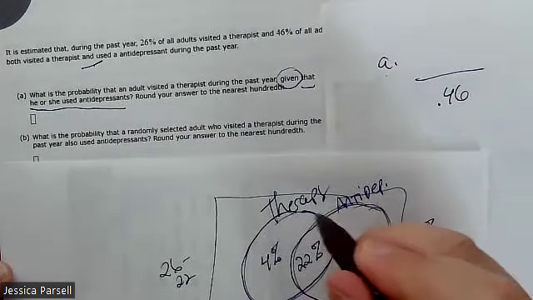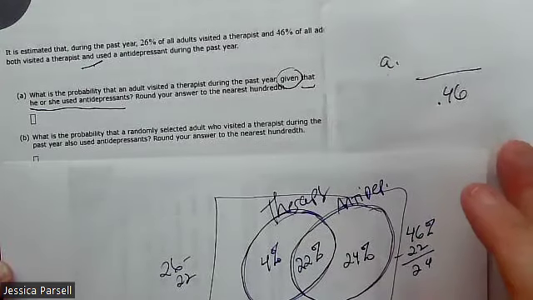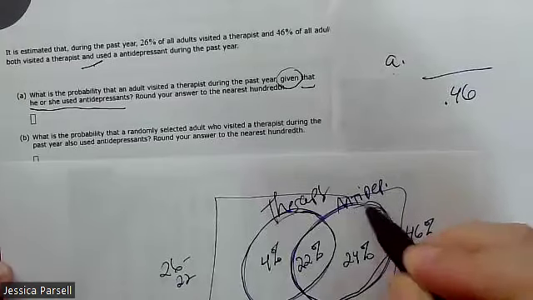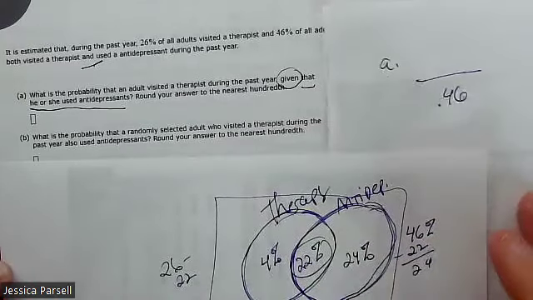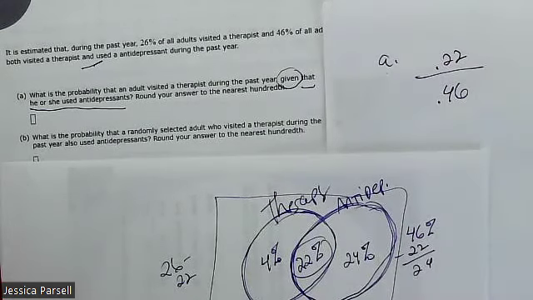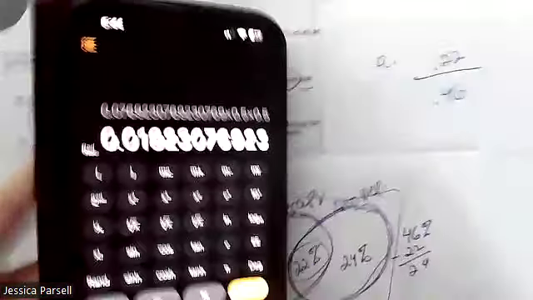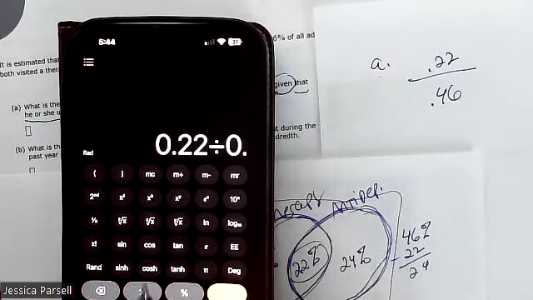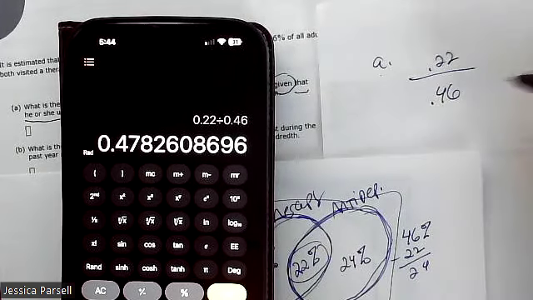Out in front of the given becomes your numerator, the probability that an adult visited a therapist. So in my bubble here for those who used antidepressants, 22% got therapy. So 22 is my numerator. So now we're going to figure out what 0.22 divided by 0.46 is. So let's clear this out here. 0.22 divided by 0.46 is 0.478.